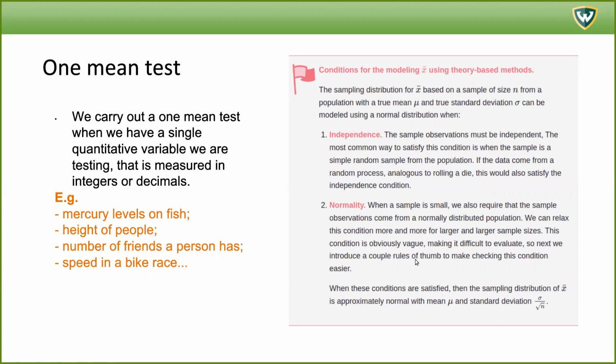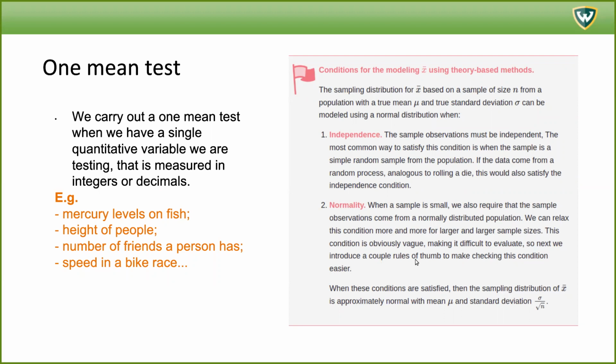And then normality. When a sample is small, we also require that the sample observations come from a normally distributed population. We can relax this condition for larger samples because we're assuming that as the sample grows, it approaches a normal distribution. Now, this is not always the case, but often it is.